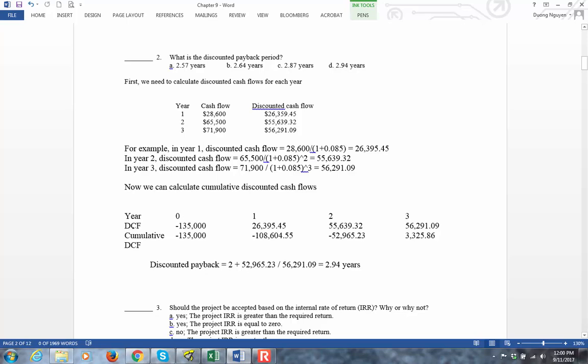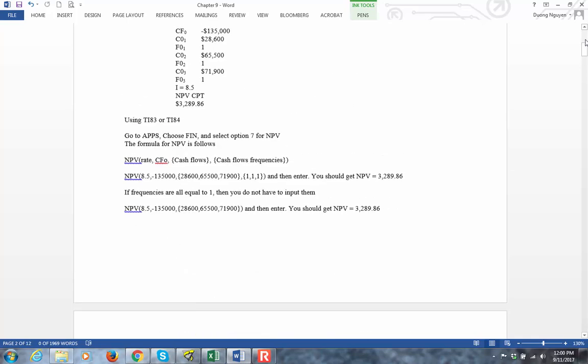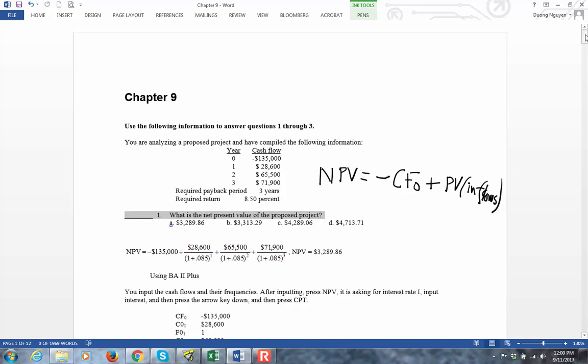And then once you get the present values of the cash flows, you put them in the timeline like I have done over here. So from year 0, 1, 2 and 3. For the discounted cash flows, at the beginning you need to recover $135,000. You see the previous question. At the beginning you spend $135,000.